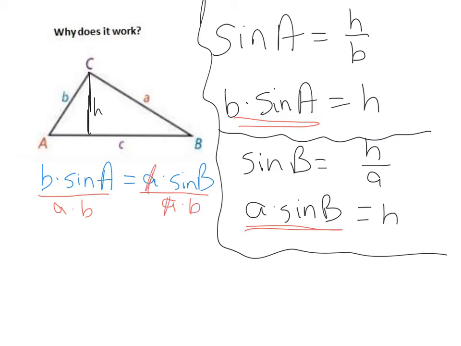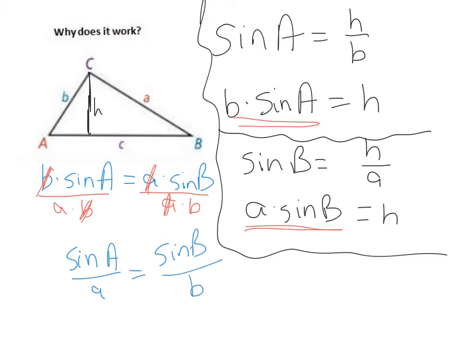Over on this side, the a's cancel off, and over here, the b's cancel off. And I'm left with the relationship that we see in the law of sines: sine of angle A over side a has to equal sine of angle B over side b.